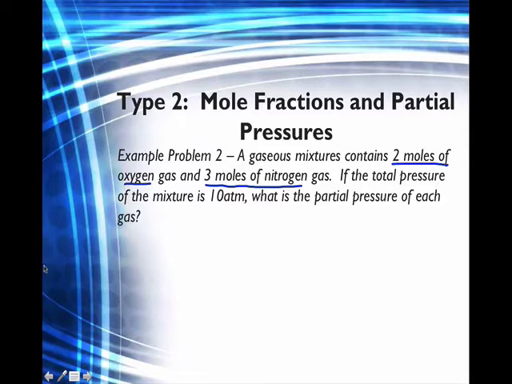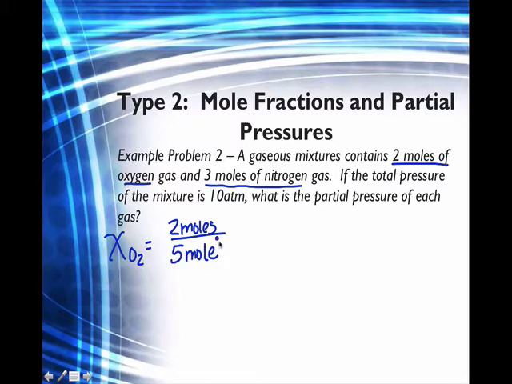To do this, I take the moles of whichever gas I'm looking at on top and divide it by the total moles. So the mole fraction for the oxygen is going to be 2 moles of oxygen on top divided by the total, and 2 plus 3 is 5.